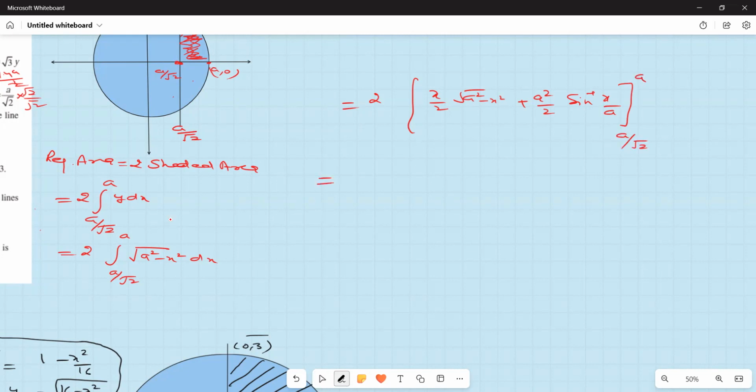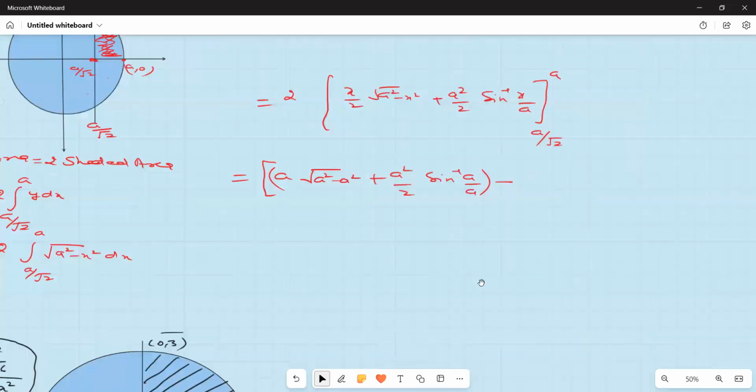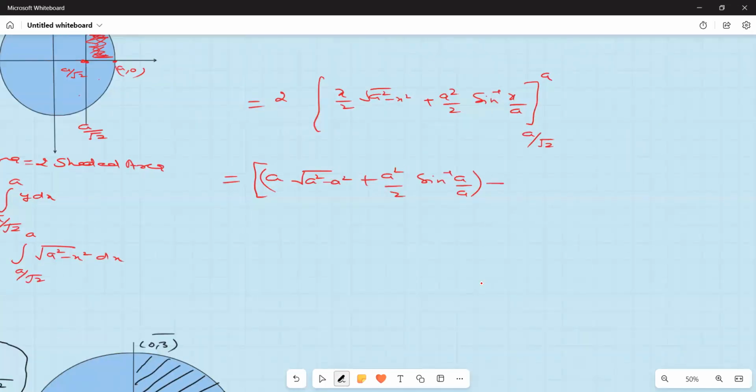Now let us put the upper limit. 2 is common throughout, so let us cancel this 2. We are just left with x into, so x is a, into square root of a square minus a square, right? Plus a square by 2 sine inverse a by a. This is your upper limit. Minus lower limit. Not this, already taken out, sorry.